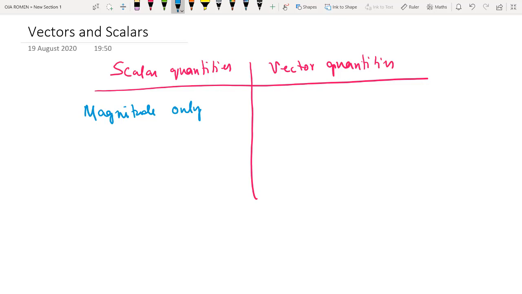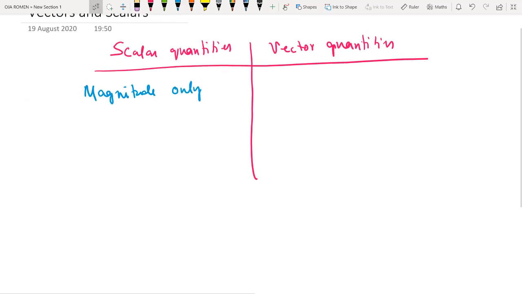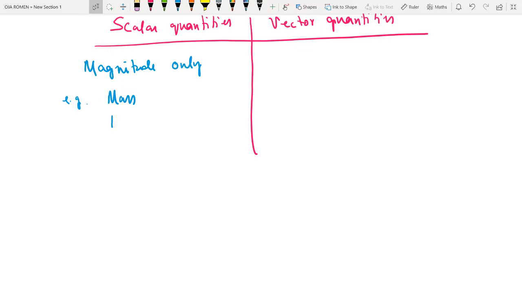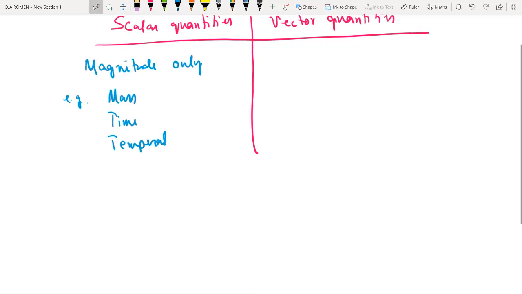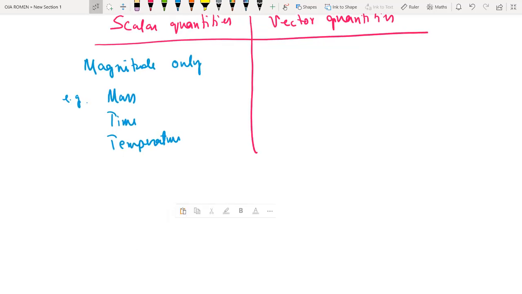Those quantities having magnitude only are known as scalar quantities. Say, for example, mass, time, temperature, electric current, etc.